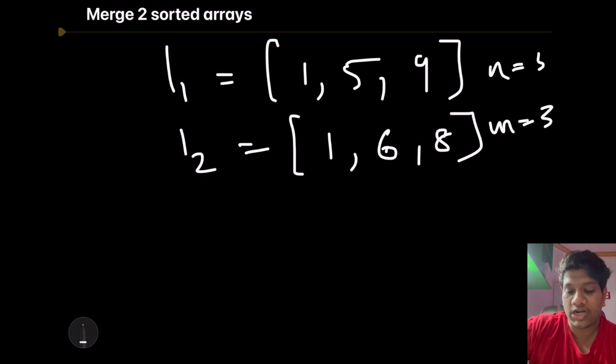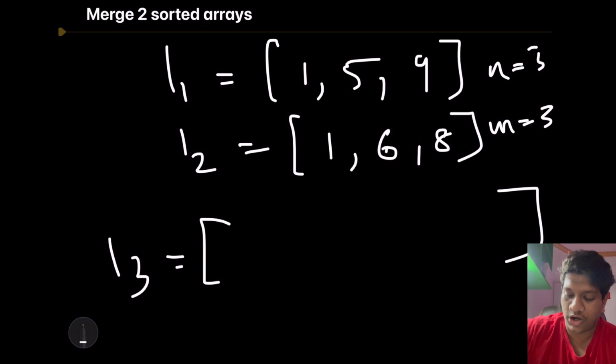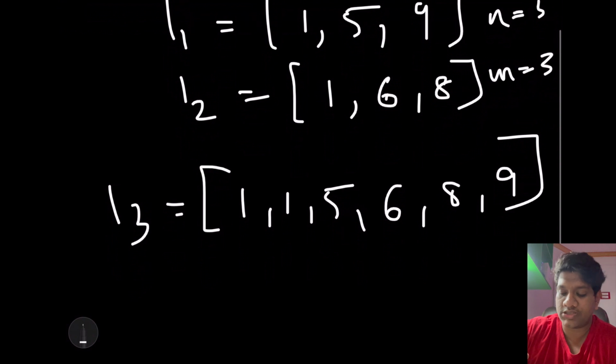Now we have to create a third array, let's say L3, which has length equal to n plus m, and all the elements of L1 and L2 should be present in L3, and they should also be sorted. L1 and L2 are already sorted, and we have to create a third sorted array using the L1 and L2 elements. So the output for this will be 1 1 5 6 8 9. So this is the problem.